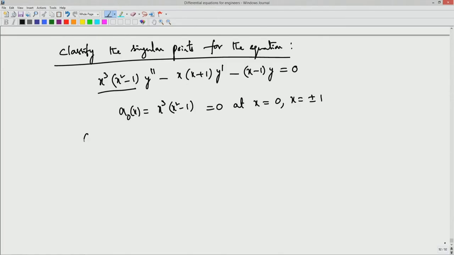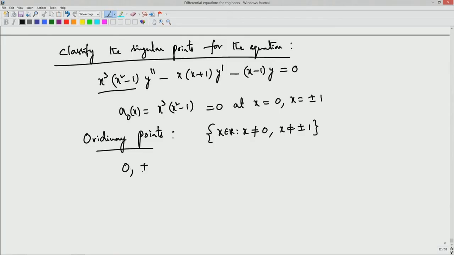The set of all ordinary points is the set of all x in R such that x is not equal to 0 and x is not equal to plus or minus 1. 0 and plus or minus 1 are singular points.